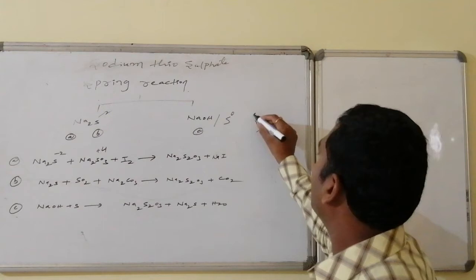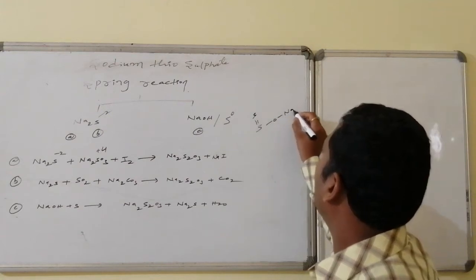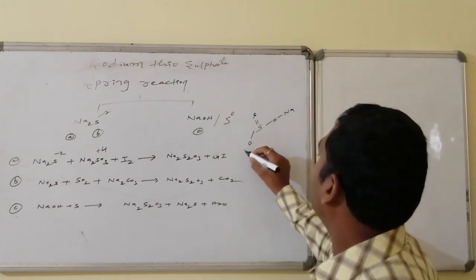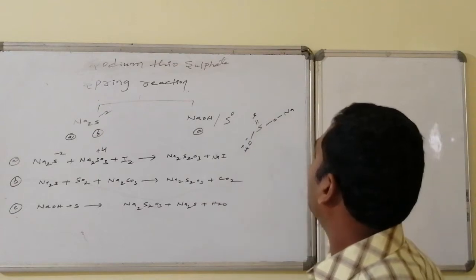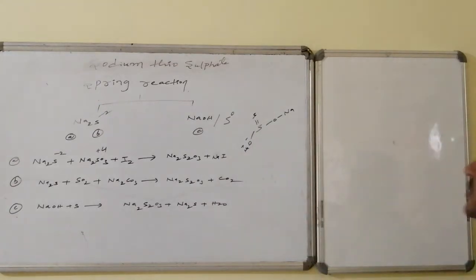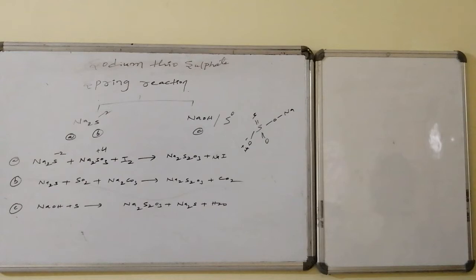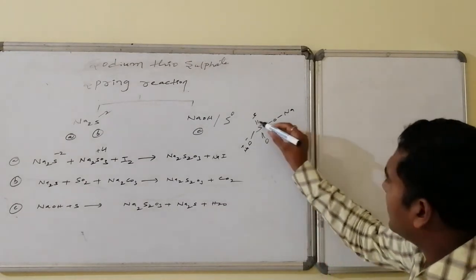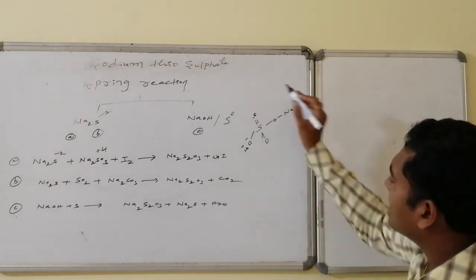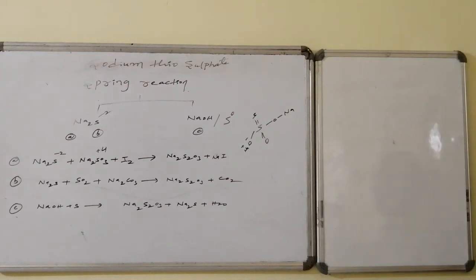Na2S2O3. Here, one sulfur is maintaining +6 as the oxidation state, and the other is maintaining -2 as the oxidation state.